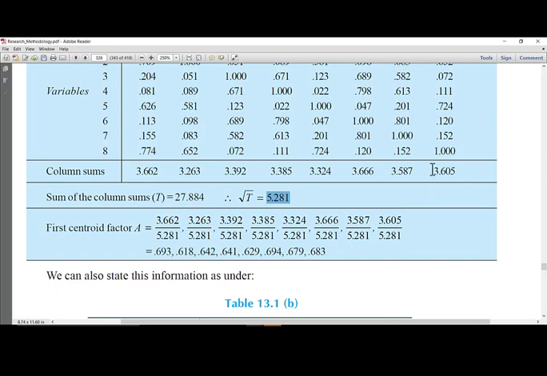So this way it is done. The last one is 3.605 by 5.281. So the first centroid factor A is now 0.693, 0.618, 0.642, etc. The last one is 0.683. So this is the first centroid factor A considering the 8 variables.